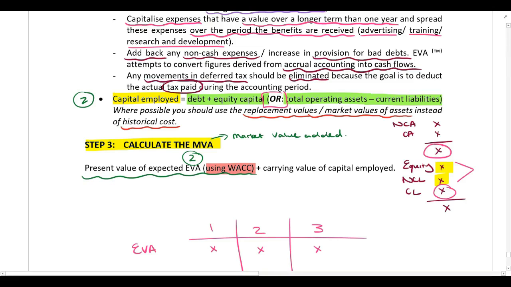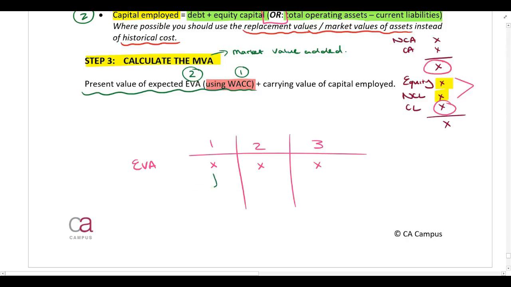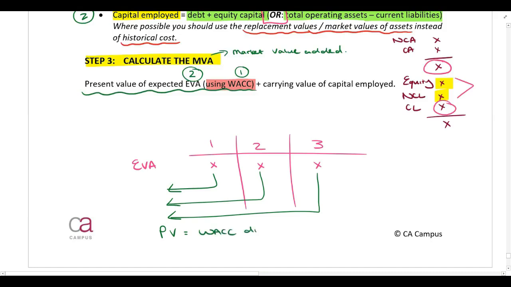So in step 1, we already calculated the WACC. So all we're doing now is we present value the EVA that we calculated in step 2. And when we calculate this present value, we use our WACC as the discount rate. So we now have the present value of the EVA for the forecast years.